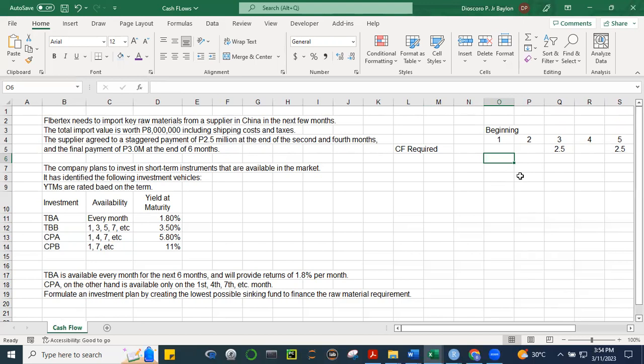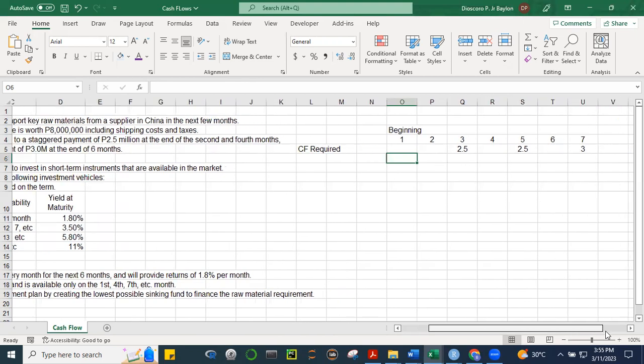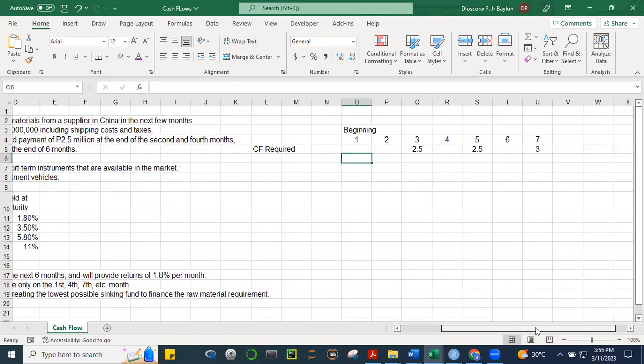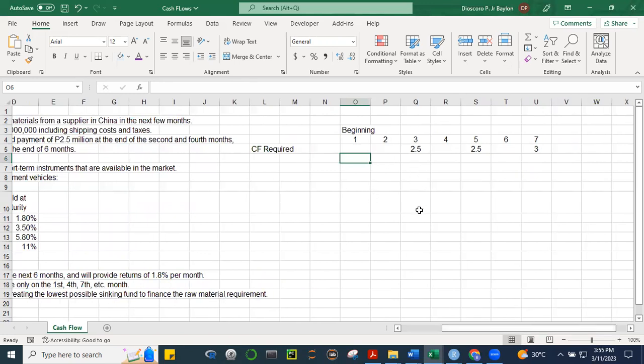Remember, we're going to set up the fund at the beginning of month 1. So the question is, what are we going to do with that fund? We will have to place that in an instrument that earns. Because the amount that we need to raise is 8 million. The question is, how possible is it to raise just enough so that when we roll over the funds and let it increase via the interests, we will be able to have 2.5 at the beginning of month 3, 2.5 at the beginning of month 5, and 3 million at the beginning of month 7.